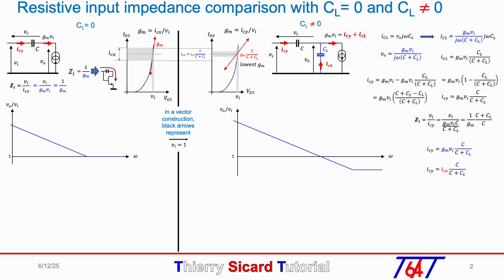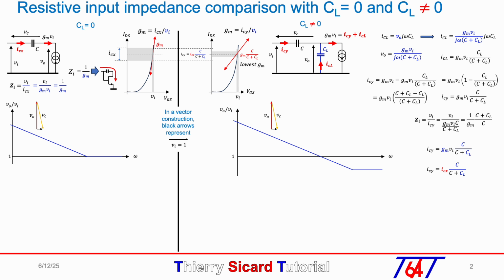The blue lines represent the gain asymptotes and the bold black arrow represents the input voltage amplitude of 1. When the gain is much higher than 1, both curves have the same sum of vectors with a phase of 90 degrees.